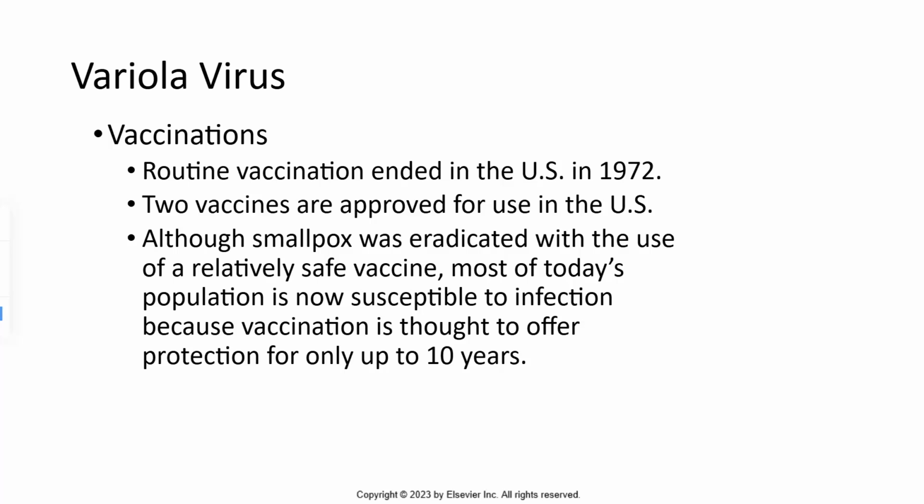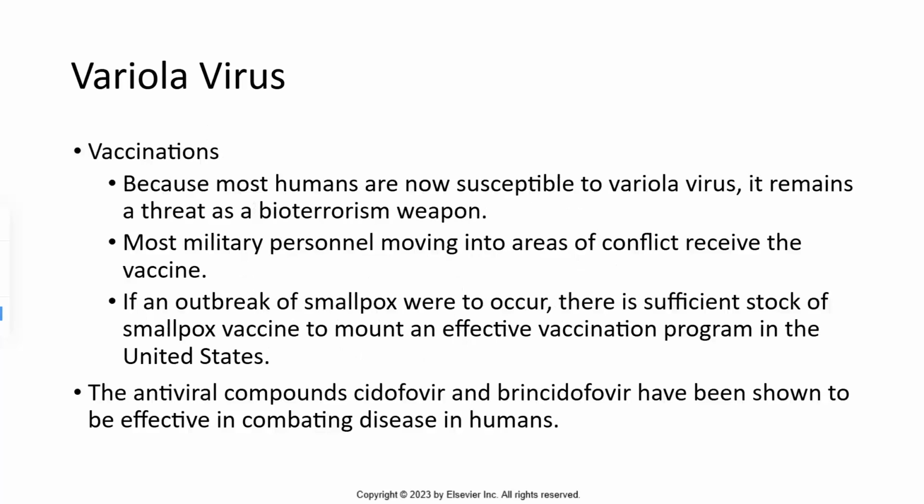Vaccinations: routine vaccination ended in 1972, but 2 vaccines are approved for use in the U.S. Although smallpox was eradicated with the use of a relatively safe vaccine, most of today's population is now susceptible to infection because the vaccine is thought to only have protection for up to 10 years. Because humans are now susceptible to variola virus, it remains a threat as a bioterrorism weapon.